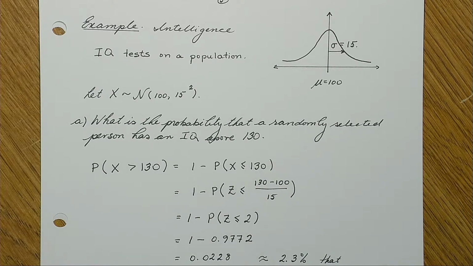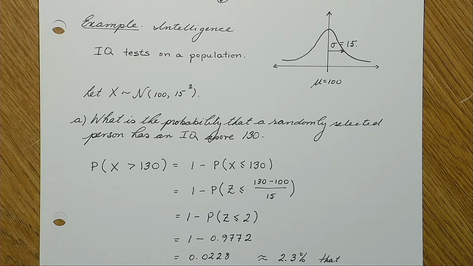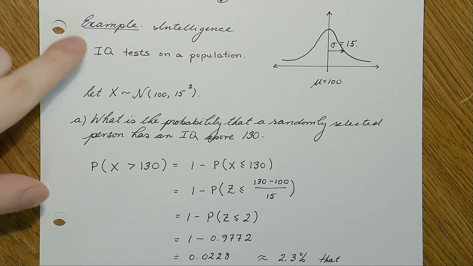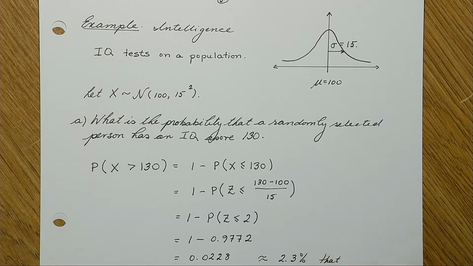Okay, so previously we were talking about the normal distribution in lecture 17, and we had left off with the example of intelligence. Intelligence is usually measured with an intelligence quotient, and when we test it on a population, it usually follows a normal distribution.